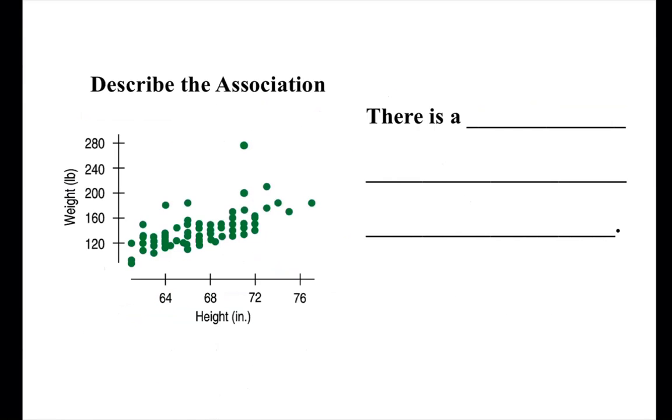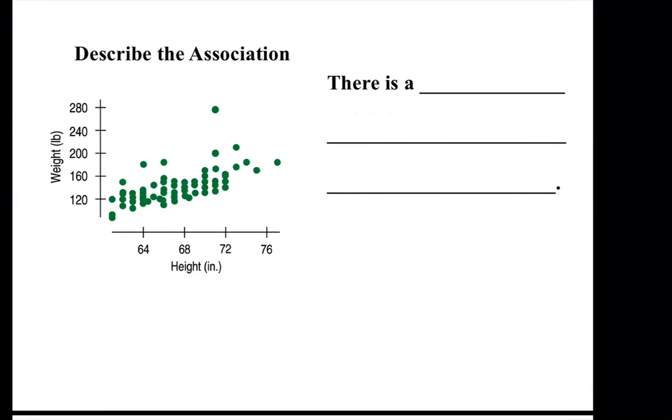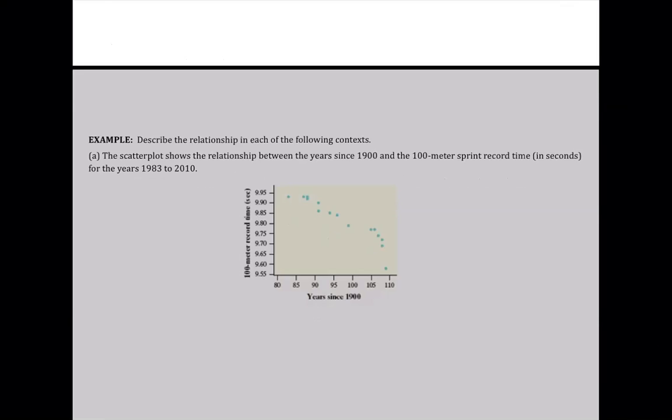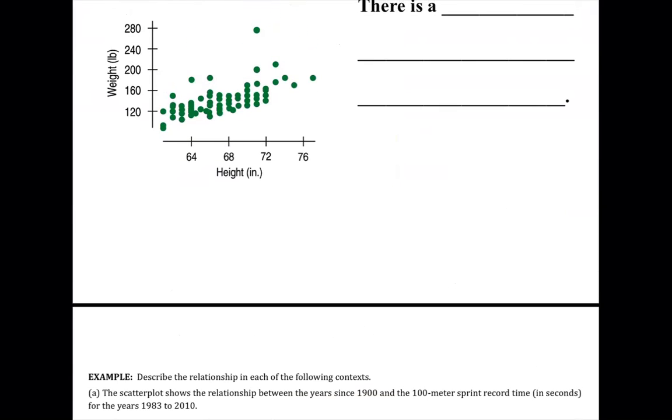Okay, so describe this one. Finish the sentence frame. So give me, form is always going to be linear. What's going on there? Actually, you know what? Do the next 3, because you're doing the same thing for each.